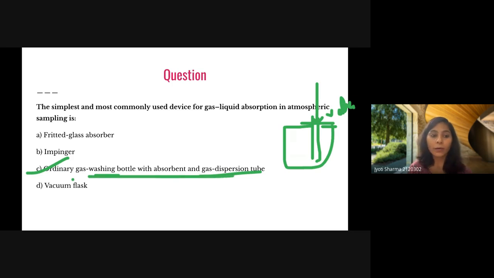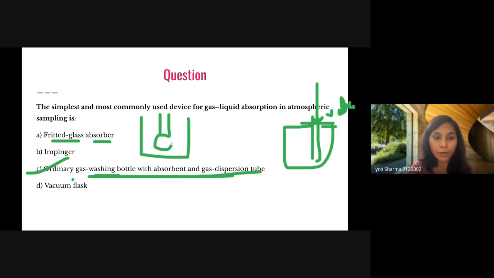But what if it is a fritted glass absorber? It is nothing but a glass vessel, and along with that we have a tube. That tube has a very porous filtration kind of disc. So whenever air comes in, because we have this porous disc, it will create bubbles.